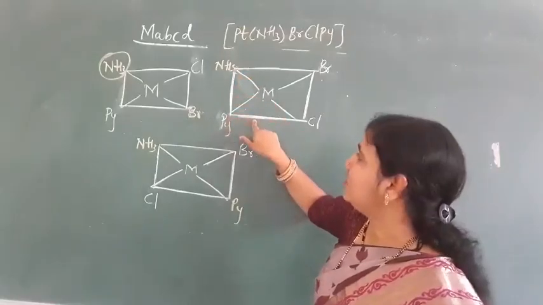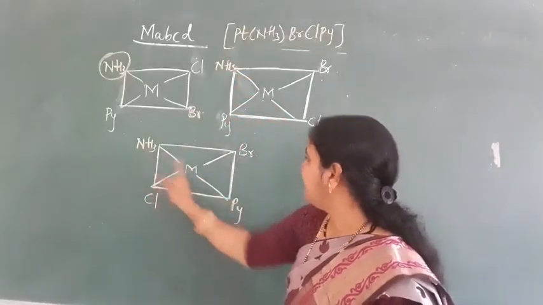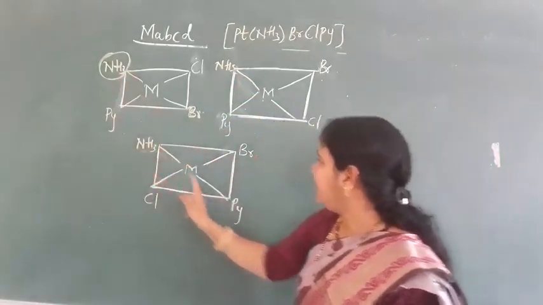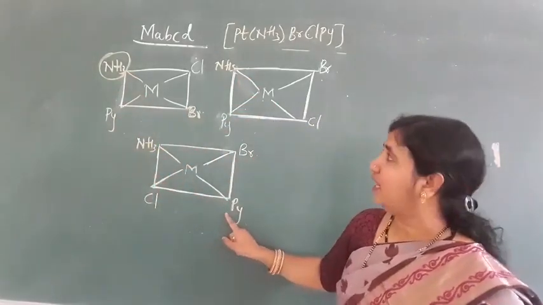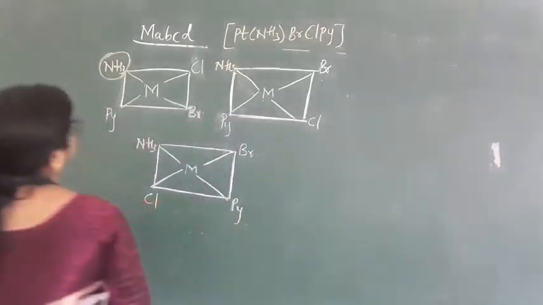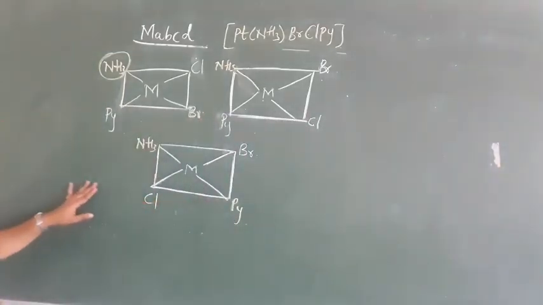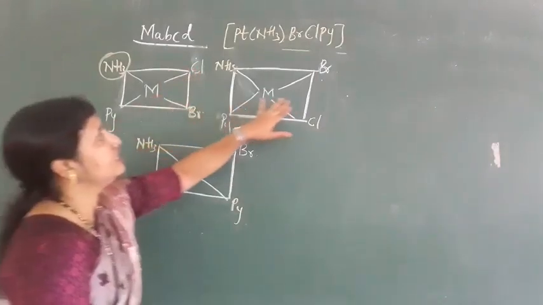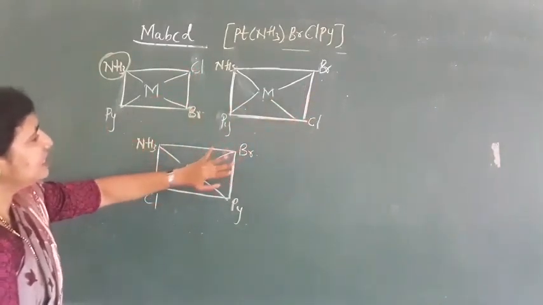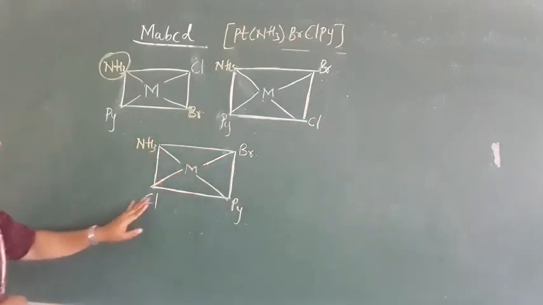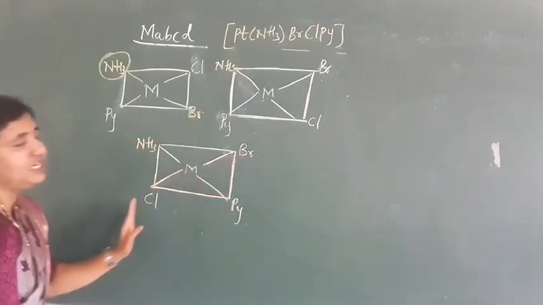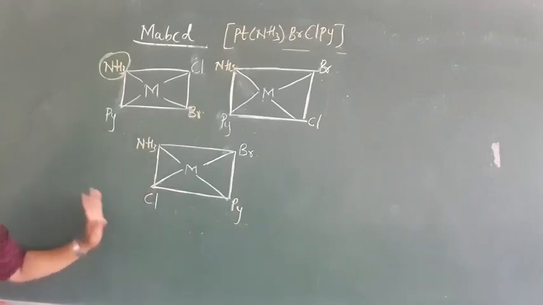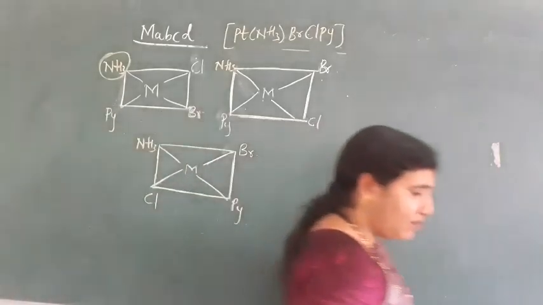And in the third one, NH3 and Py are opposite to each other, so with respect to NH3 and Py, this is the trans form. Another way to see it: chlorine and bromine are cis to each other in some, but in this case they are opposite to each other. Like this you can draw the structure for the MABCD type.